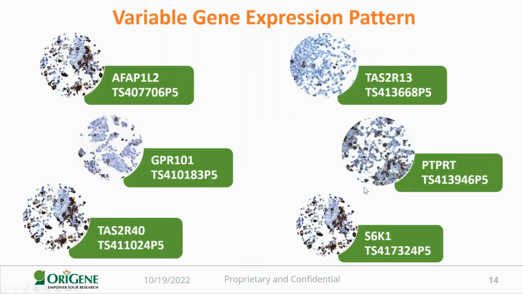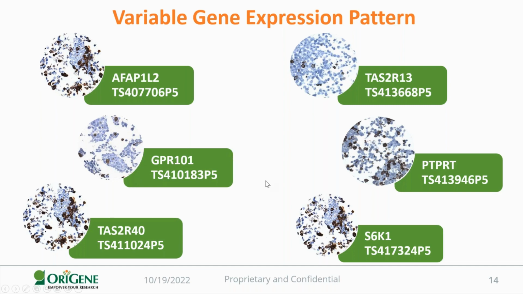There are different kinds of gene expression patterns. For example, AFAP, a tyrosine kinase activated protein, shows a quite good and strong staining pattern. Whereas GPR101, a G protein coupled receptor whose function is not even known, shows membrane staining.